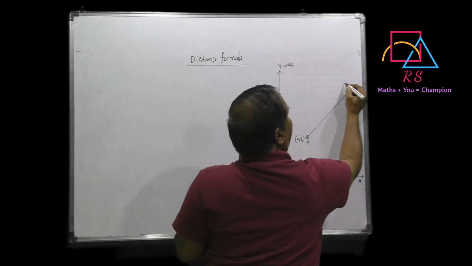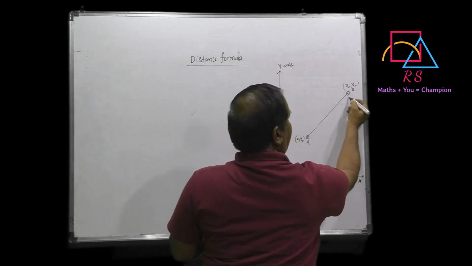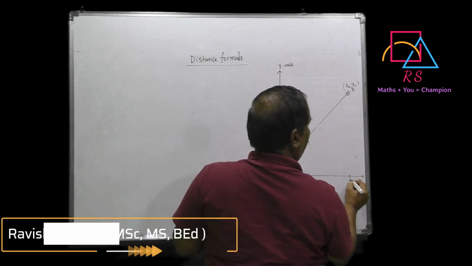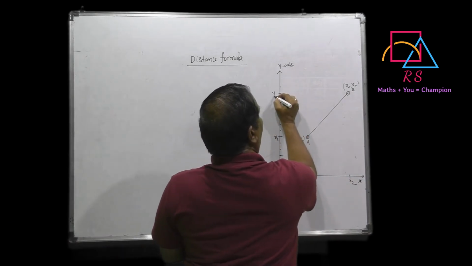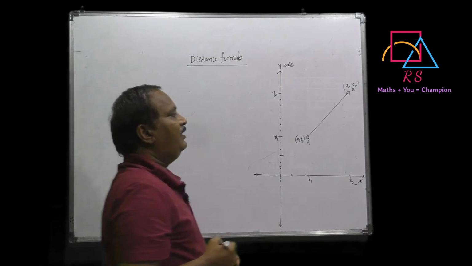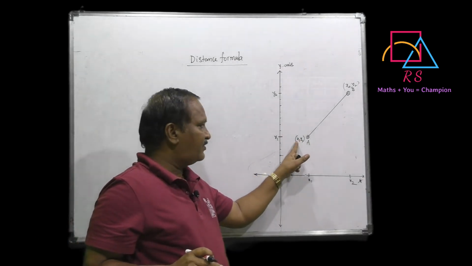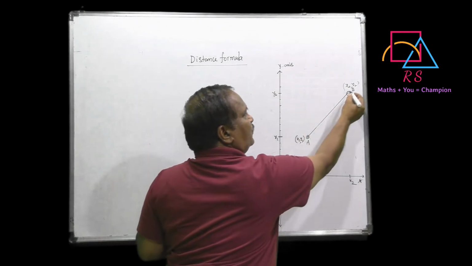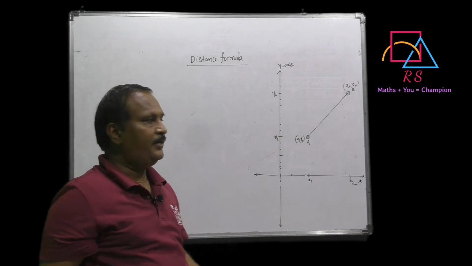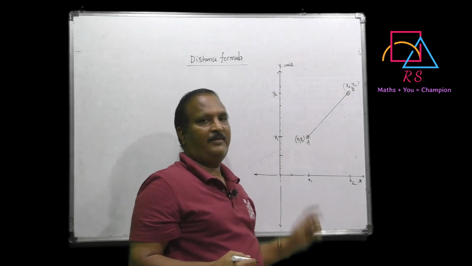B is x2, y2, x2 is on the x-axis and y2 is on the y-axis. So now we know the coordinates of A, x1, y1 are the coordinates of A and x2, y2 are the coordinates of B. Using these coordinates, we will find the length.